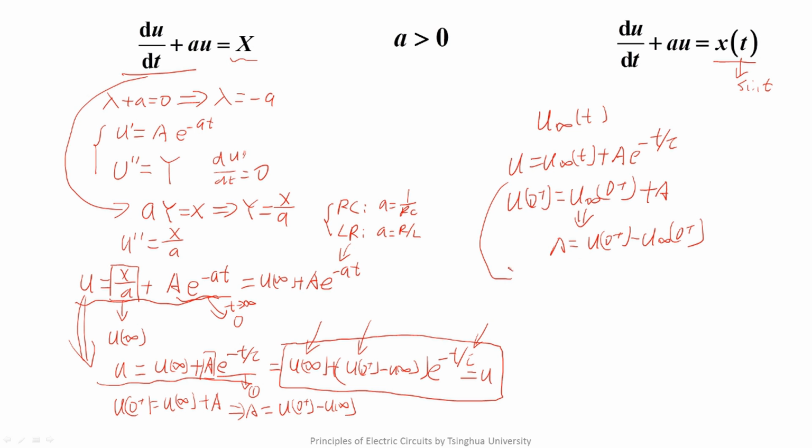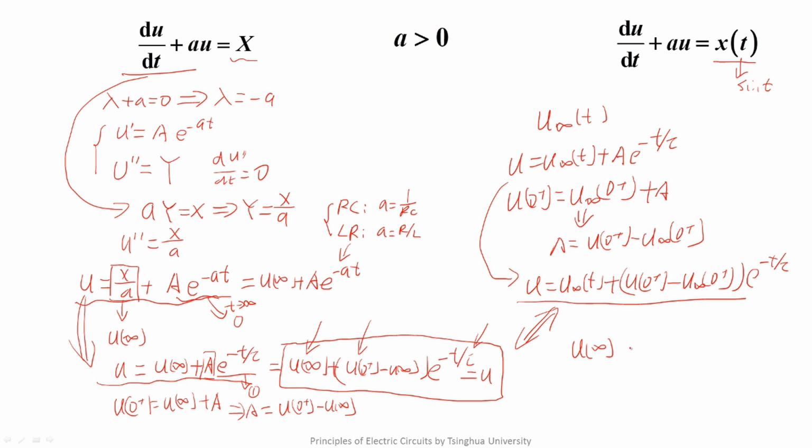The branch variable equals U infinite of t plus U0 plus minus U infinite at 0 plus, multiplied by e to the power minus t over tau. By comparing, you will find their essence is the same. When the excitation is DC, U infinite is a constant. When the excitation is a time function such as a sinusoid, U infinite is a function of t.